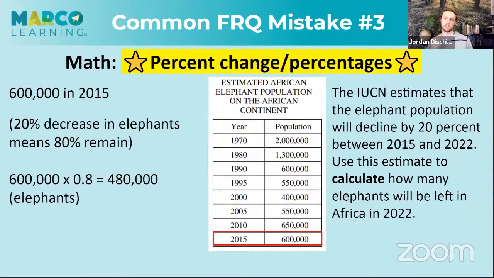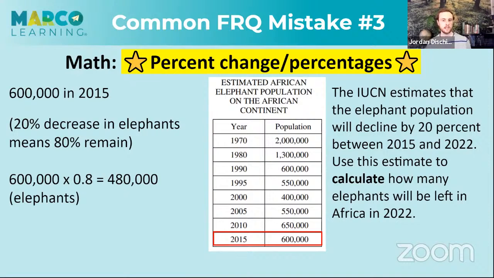Another thing you may do is just a percentage, meaning here's a number, figure out a given percent of that number. So we have a different question here. If there's a 20% decline in the elephant population between 2015 and 2022, calculate how many elephants will be left in 2022. The way I think through this is we look at our starting number in 2015, that's 600,000.